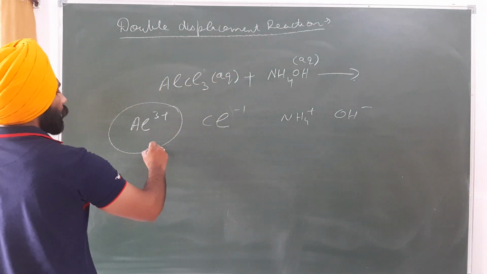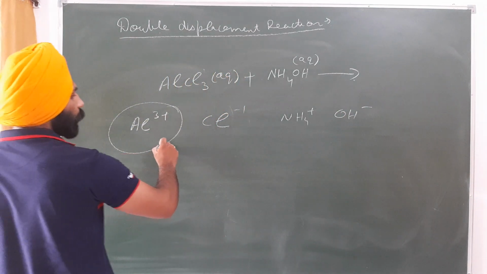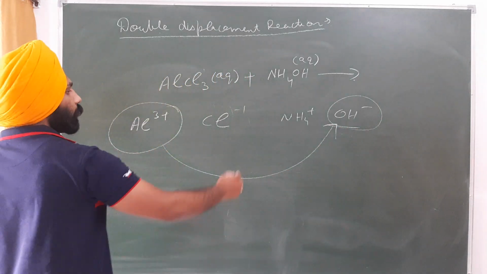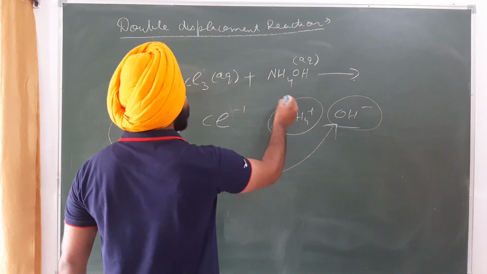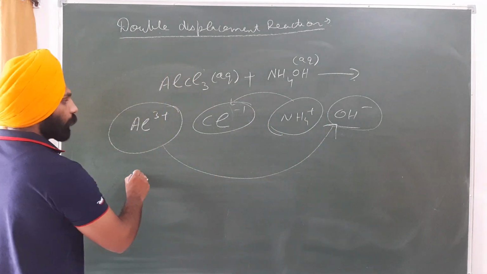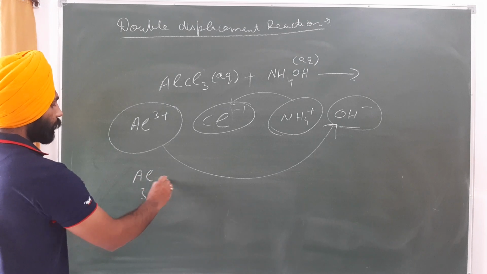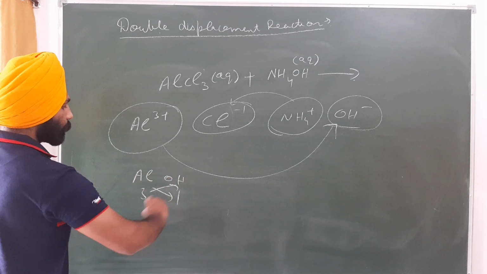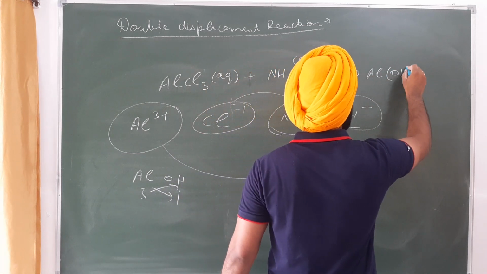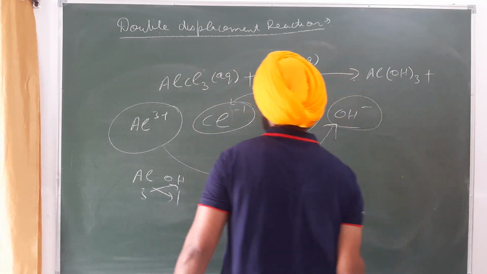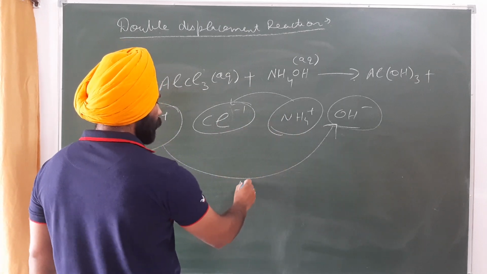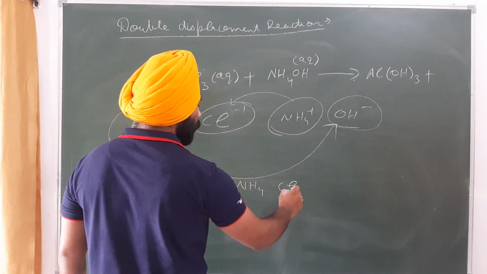So the anion of the first salt will make a bond with the cation of the second, and the anion of the second will make a bond with the cation of the first. So the product will be Al3 OH1, and the product will be Al(OH)3 plus ammonium chloride, that is NH4Cl.